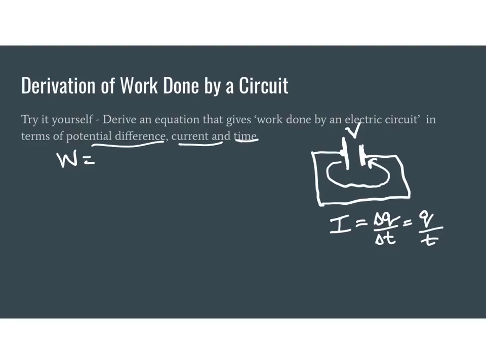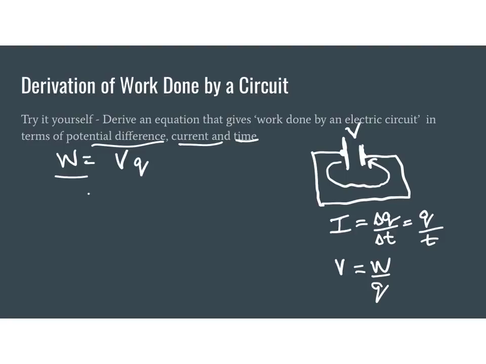Pause the video, see if you can work out, using these two equations here, how we could work out the work done by a circuit given the potential difference, current, and time. Hopefully what you worked out is we could have started with work done is potential difference times charge.